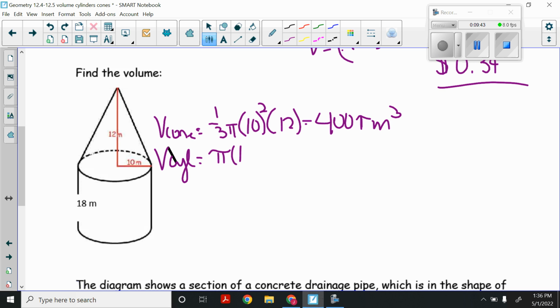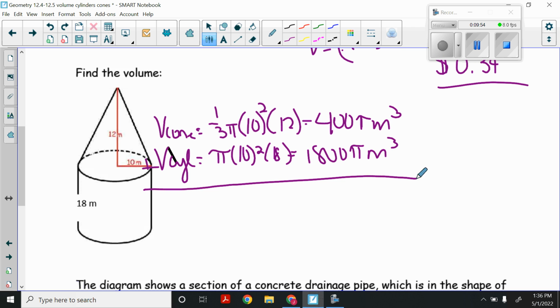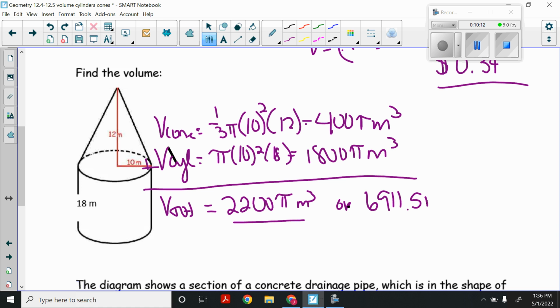That's pi times 10 squared times 18, which is about 1,800 pi cubic meters. Then I'm going to add those two together and see that the total volume is about 2,200 pi cubic meters. Or if I wanted to multiply that through, that is 6,911.5 cubic meters.